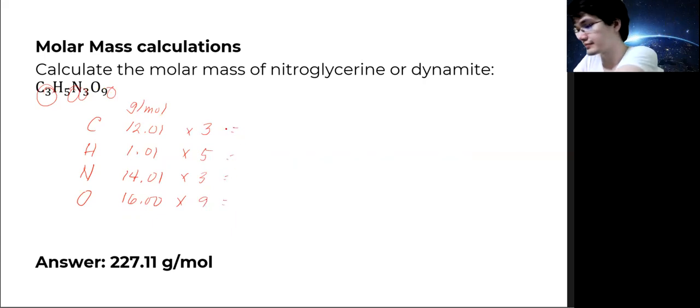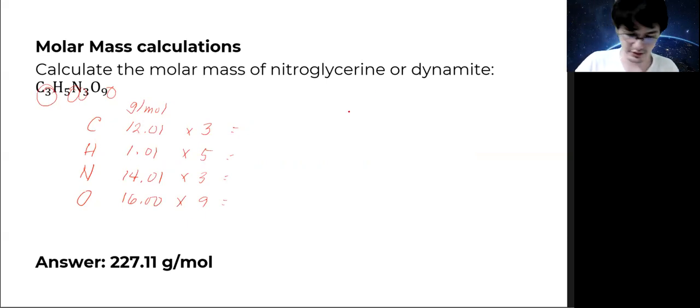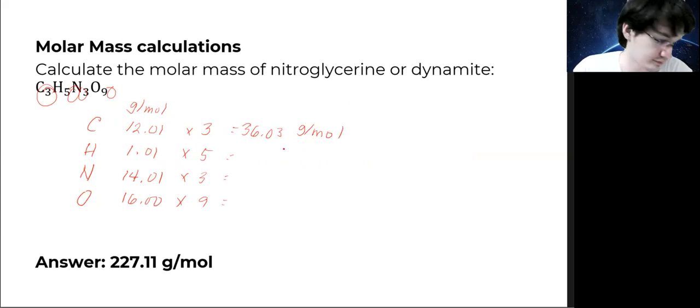So by calculating, we have 36.0 grams per mole, 5.05, 42.03, then 144.